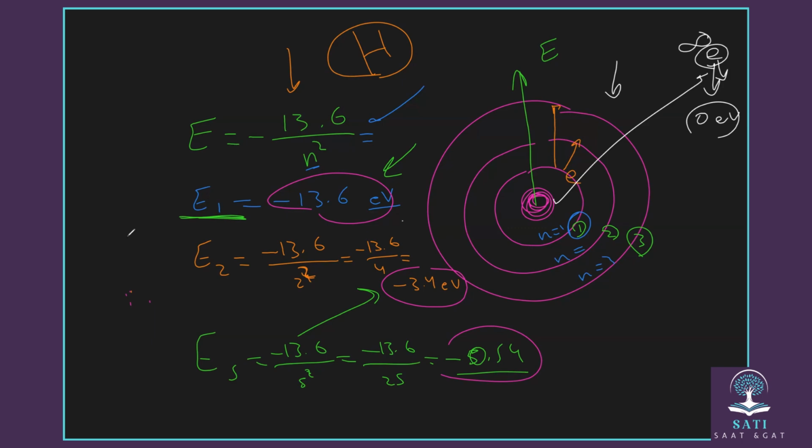Okay, now what we need to understand, as you see, is that most of the energy needed, or the highest range of energy needed by this electron, is to move from the first energy level to the second. Why? What's the difference here?